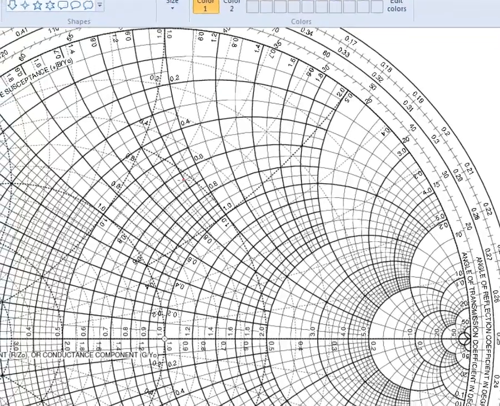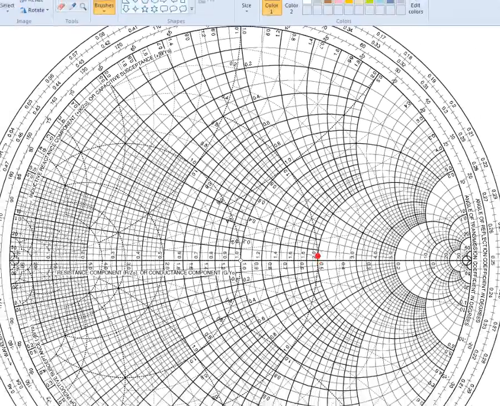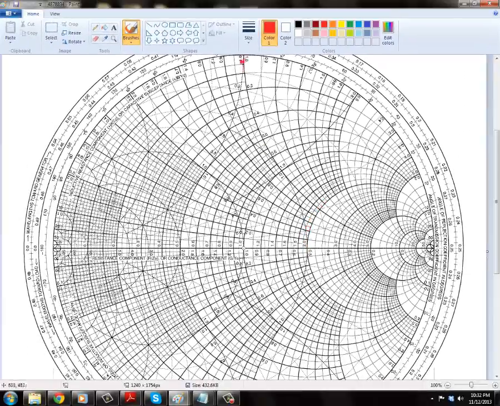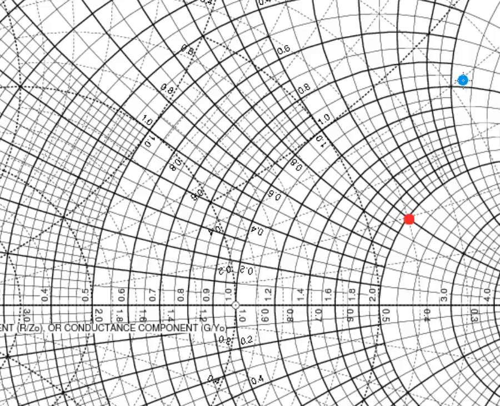We're going to plot these two normalized values on our Smith chart. So let's move on to the Smith chart, keeping in mind our values. Okay, here we are on the Smith chart. First we will plot ZT. Here we have a circle of R equals 2, and we have to plot 2 plus 1j. The 1 is coming from here, it goes over here. So this point is our ZT point.